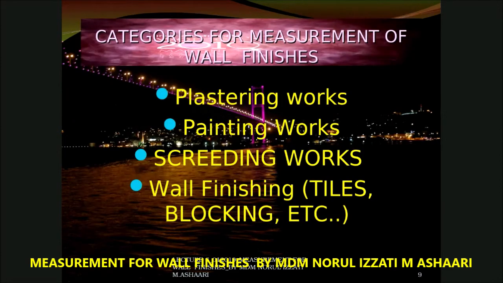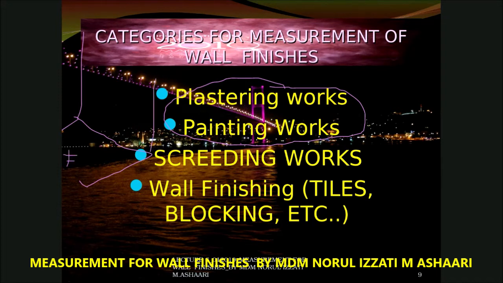Now let's look at the basic categories of the wall finishes that we have in any building. Other than this, you have to measure in another category. Basically, we have plaster and painting. So this is the first category, plaster and painting. You can see this one outside the building, other than in the toilet or in the kitchen. Normally where you have the plaster and painting, let's say this is your wall, this is your floor. Let's say the floor has the skirting.